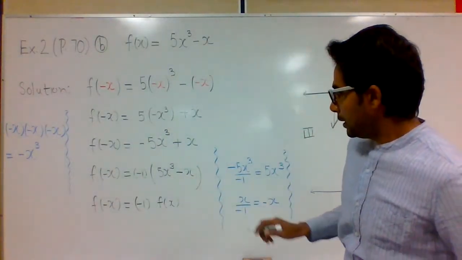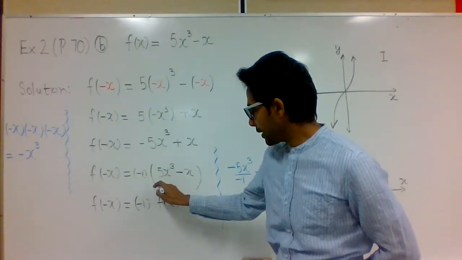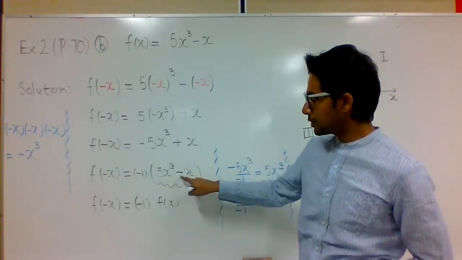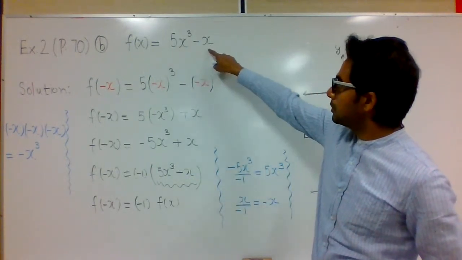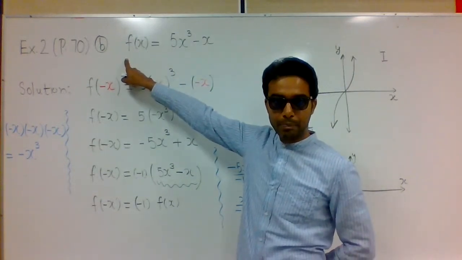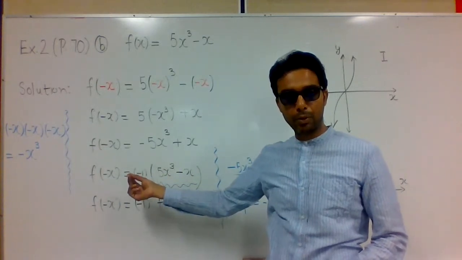Now, once negative 1 is factored out, have a look here. We have 5x cubed minus x. 5x cubed minus x is actually f(x). Actually, that is why we factored negative 1 out.